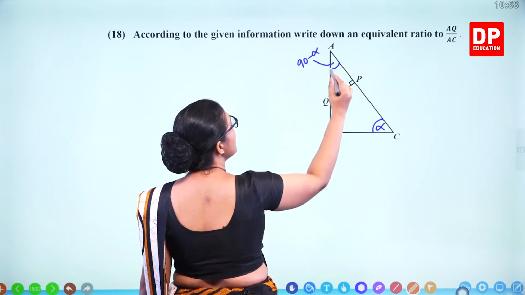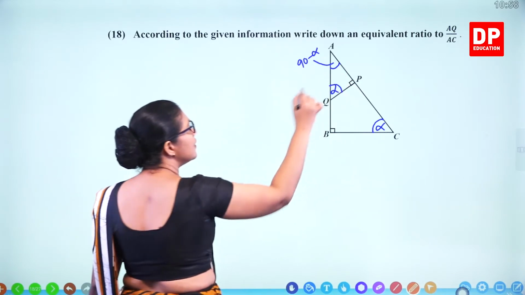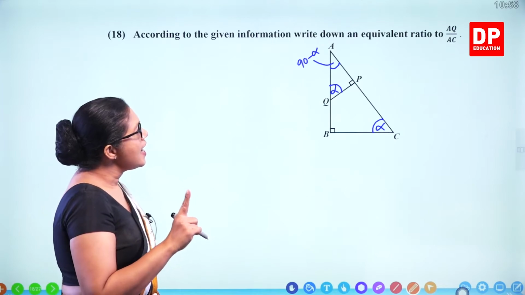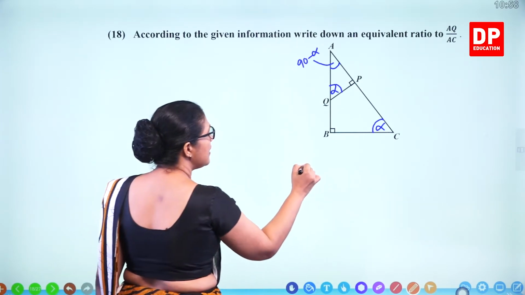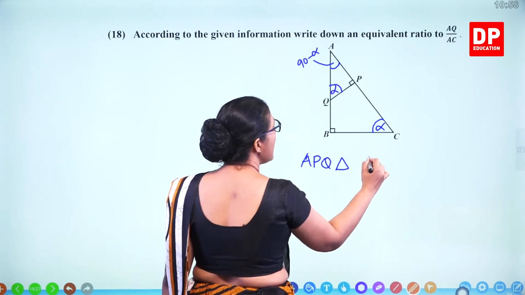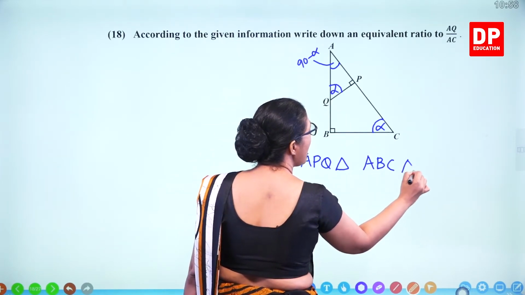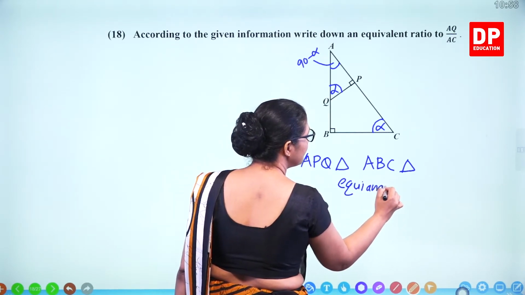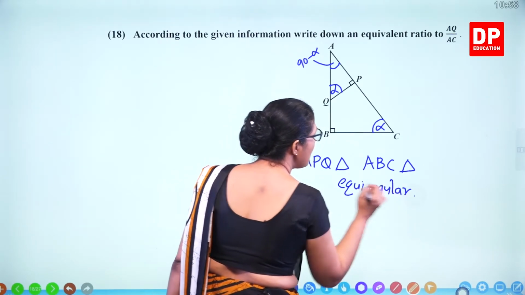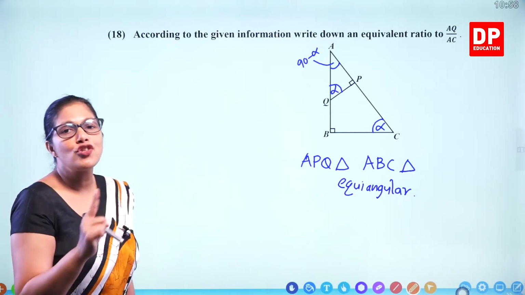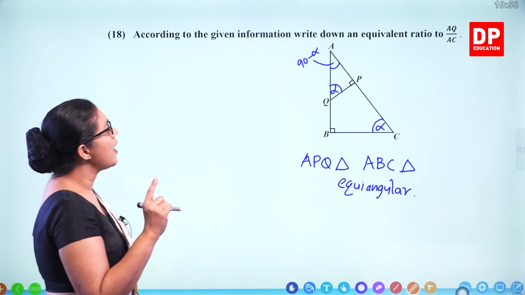If this is 90 minus alpha, this is alpha, because 90 degrees is given. So we can see the APQ triangle and the big one, ABC triangle, both are equiangular. Equiangular means similar triangles.